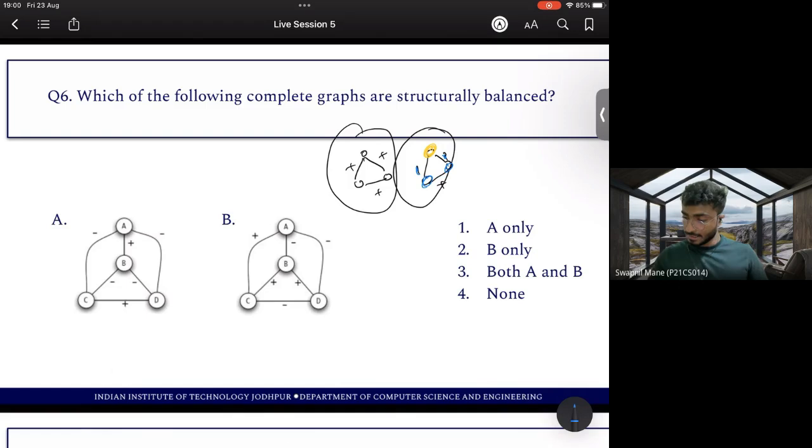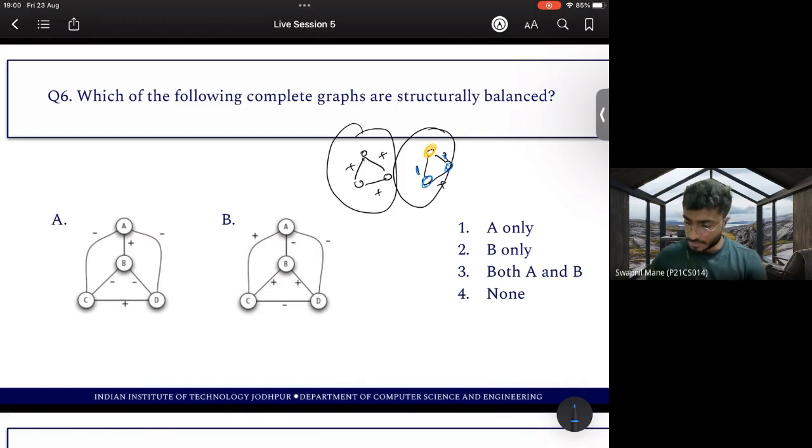Let's move to the first option A. There might be two options that are correct or balanced. So let's take the triangles one by one. We have to analyze each smaller triadic structure first. If each triadic structure is structurally stable, then we can say that the overall network is structurally balanced.